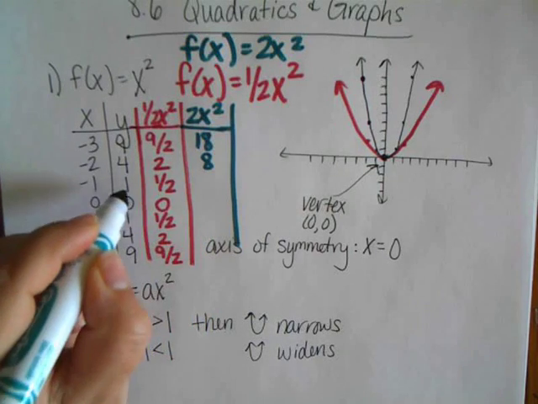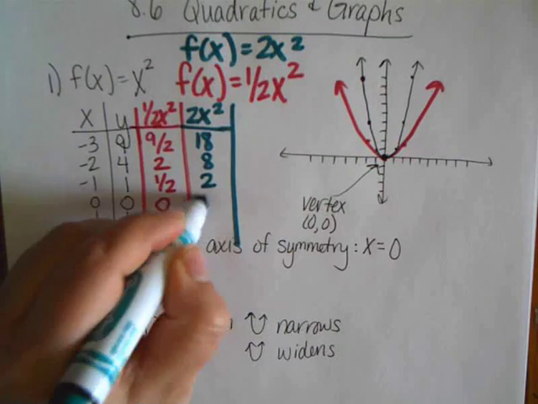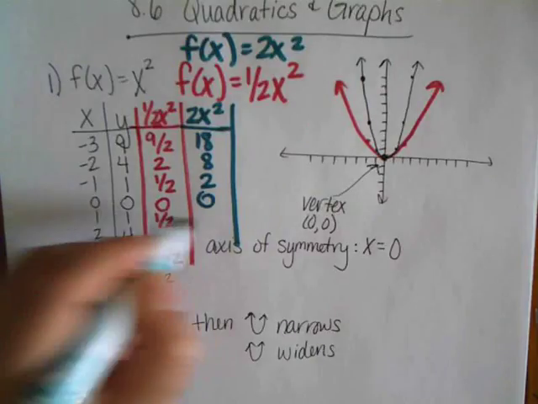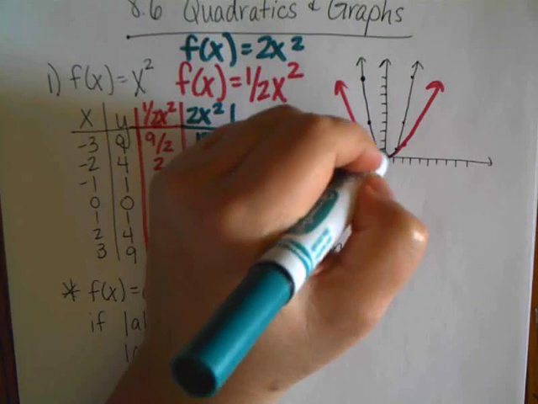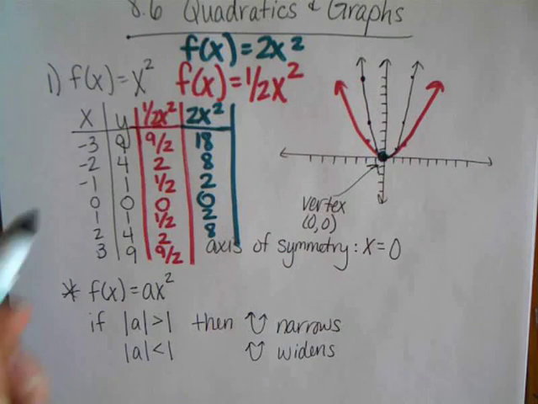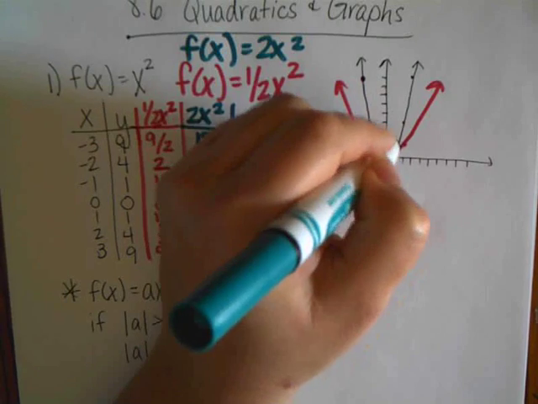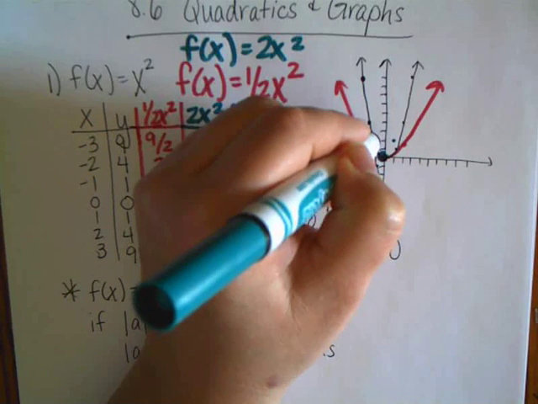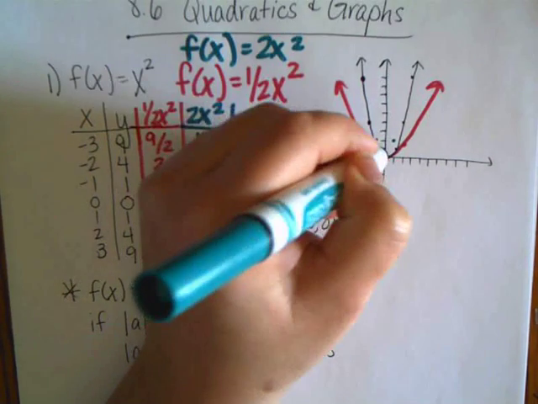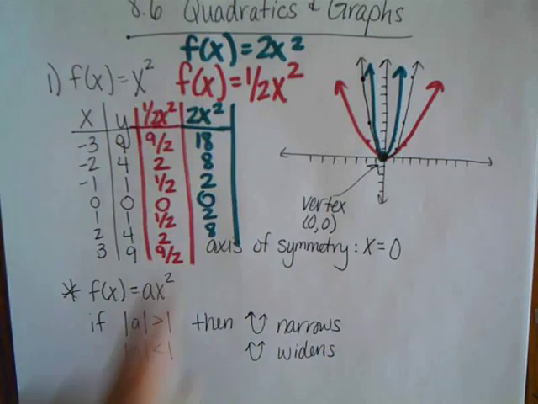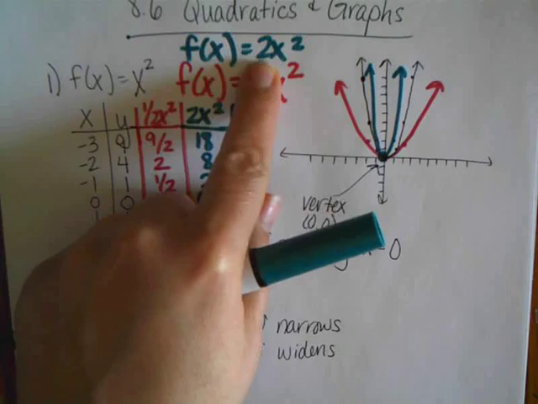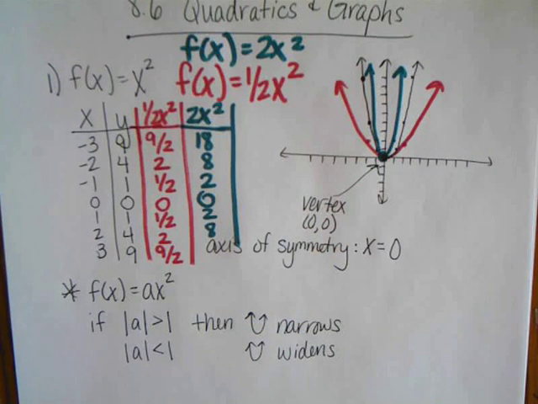Negative 1 squared is 1, 1 times 2 is 2. 0. And then again 2, 8, and 18. We'll repeat. So 0, 0. And then over 1, up 2. Back 1, up 2. And as you see, a here is greater than 1, and it is a narrower graph.